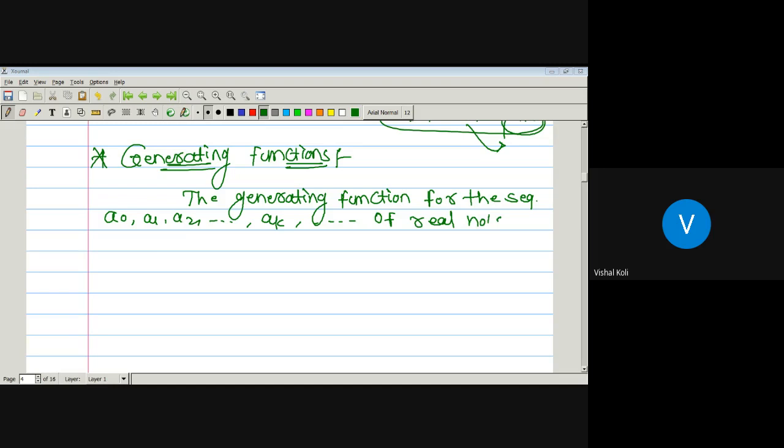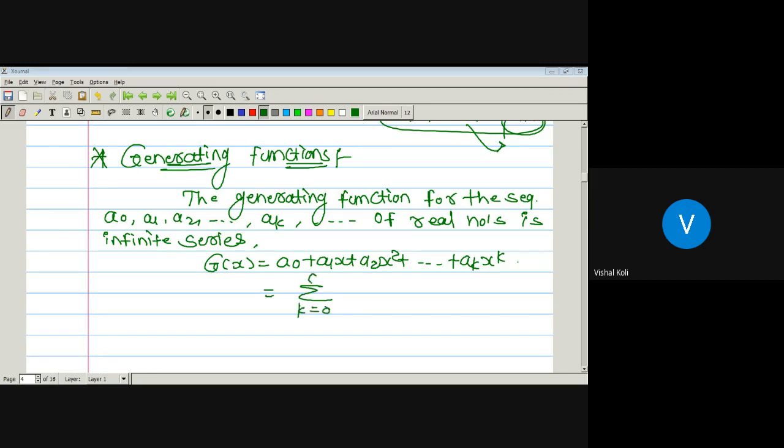The infinite series g of x equals a naught plus a1x plus a2x square plus up to so on akx raised to k, which can be written in series form as summation k running from 0 to infinity akx raised to k.